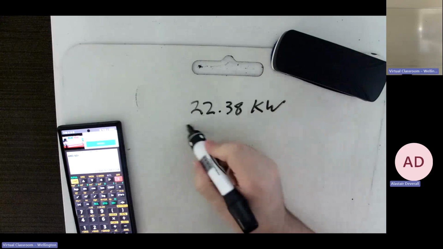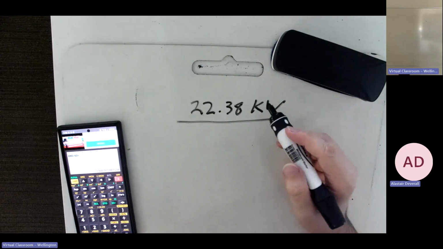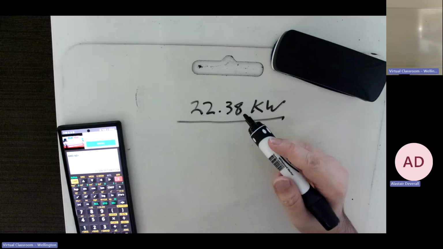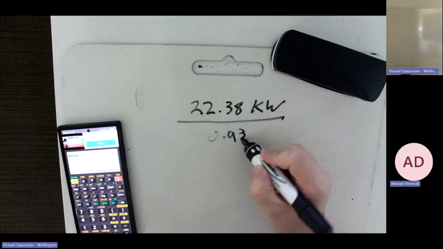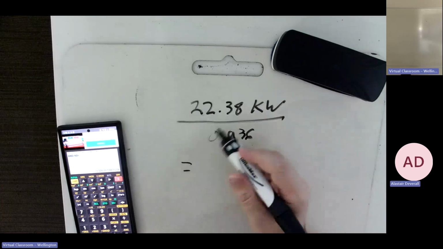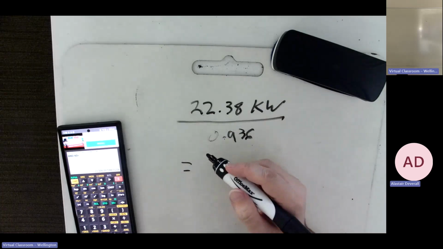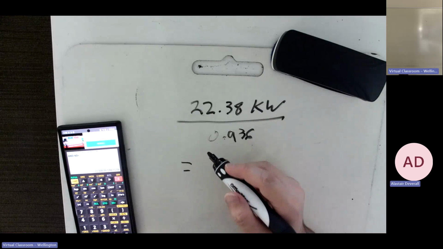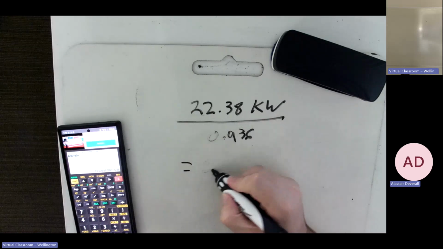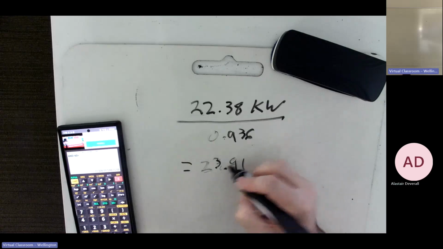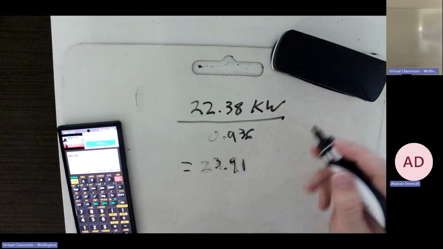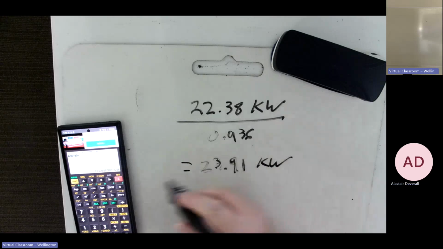We need to divide that by the efficiency, which was our 0.936, and that gives us our input power of 23.91 kilowatts. That's input.